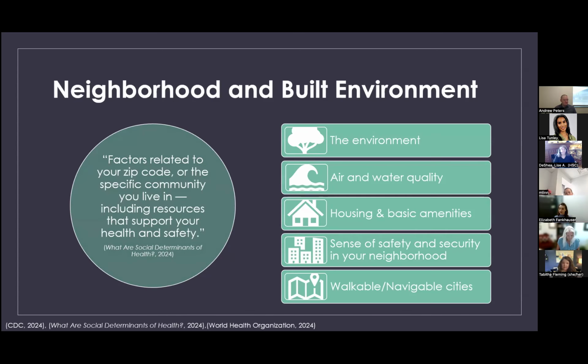Next, as part of social determinants of health, are your neighborhood and your built environment. Factors related to your zip code, the specific community you live in, including the resources that support your health and safety. A big part of this is the environment. Climate change and increasing heat and pollution across the world affects people.